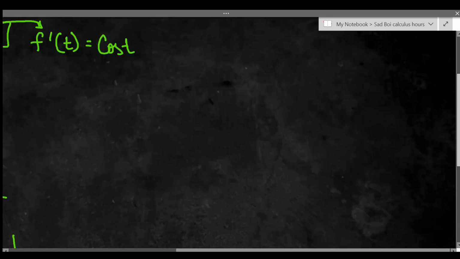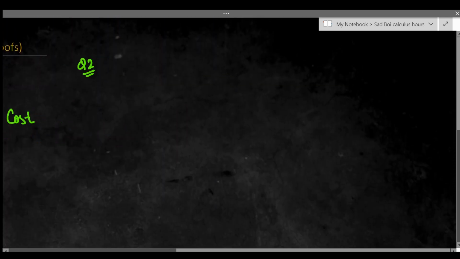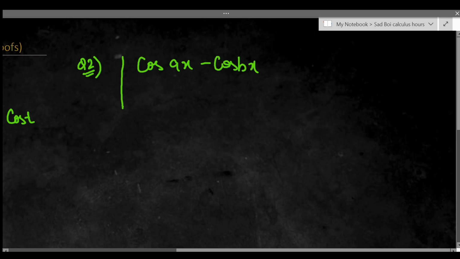Now let's move on to the second problem. The second thing that you have to prove is that the modulus of cos of ax minus cos of bx, over x, is less than or equal to b minus a.